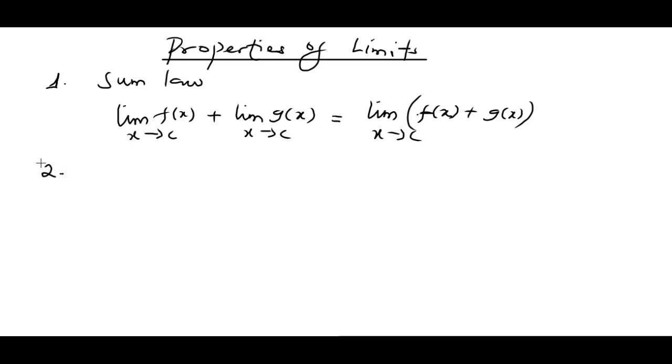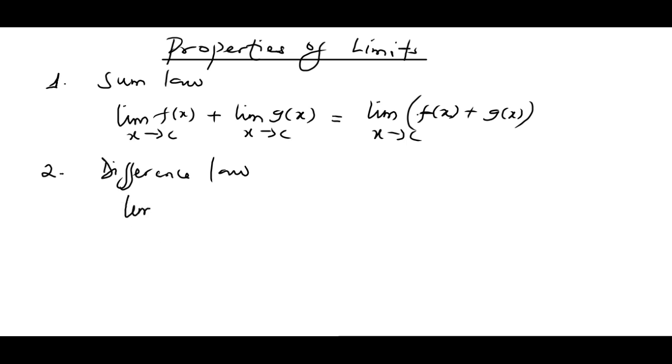Then number two, we have difference law. Difference law. And this is very similar to sum law. If you know the limits of f of x and g of x, alright, you can find the limits of their differences by subtracting the limit of g of x from the limit of f of x. So how do we do that?